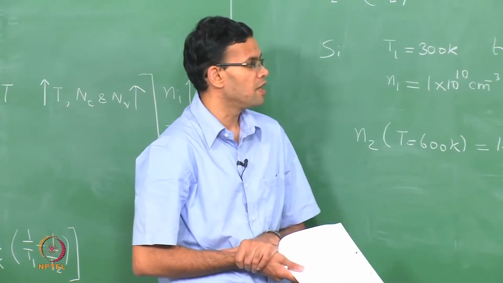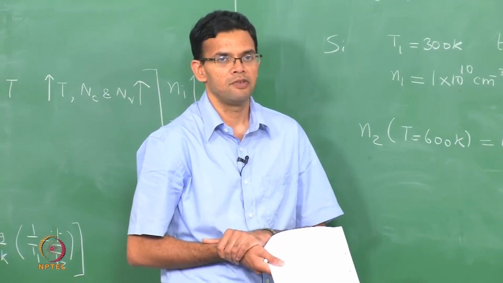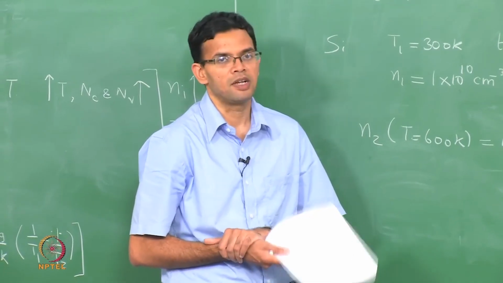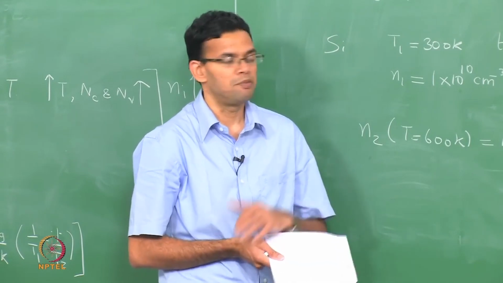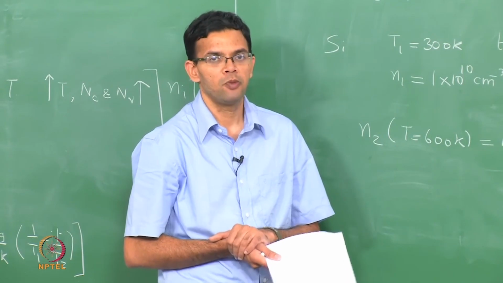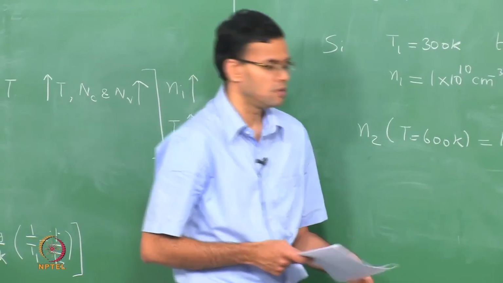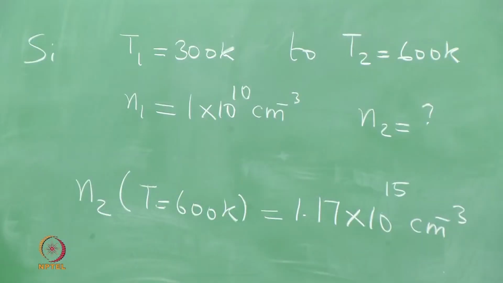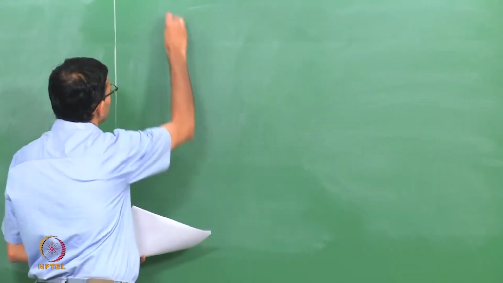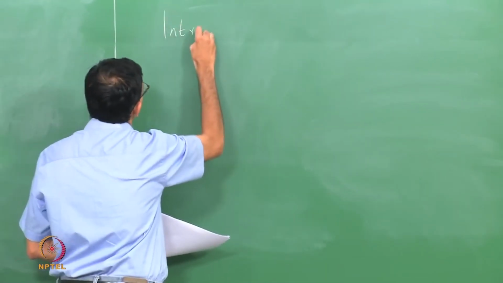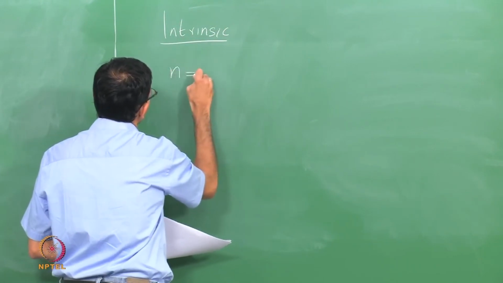So, with this we are done with intrinsic semiconductors. In next class we will start to look at extrinsic semiconductors. Before we do the transition, let me just briefly recap a few points for intrinsic semiconductors that we will carry forward. So, we saw that in the case of an intrinsic semiconductor, n is equal to p.